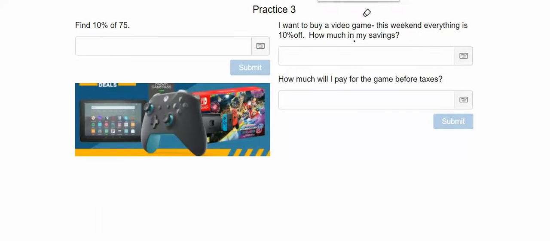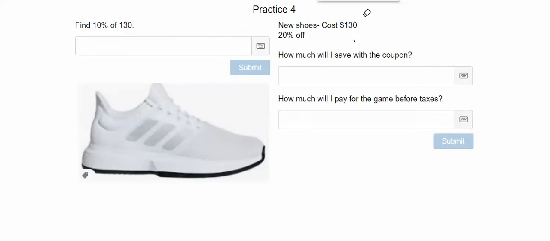This one's a 10% one, and this one here on practice 4, it's 20% off. If I take 20% off, remember the first thing you need to do is figure out what 10% is. Once you know what 10% is, I'll work this one with you. Remember, 10% is just moving that decimal one place. So 10% would be 13.